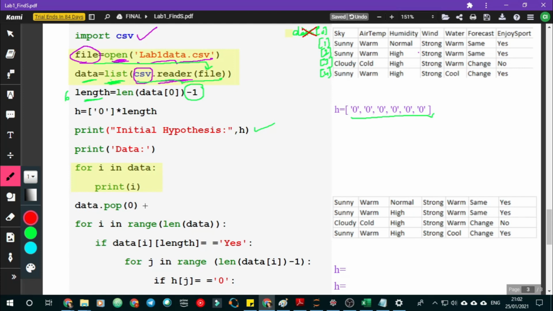So we need to pop the row present at the 0th index. Data.pop will modify the actual data in the object data, correct? Now the data has become like this. It contains data of 0, data of 1, data of 2, data of 3. This is exactly what the data has now.